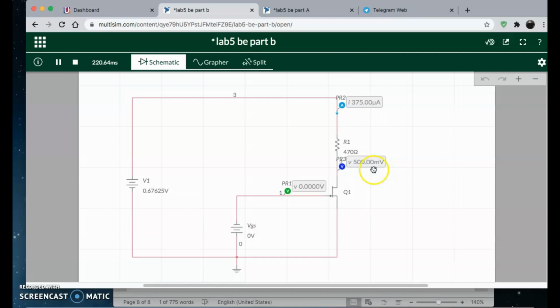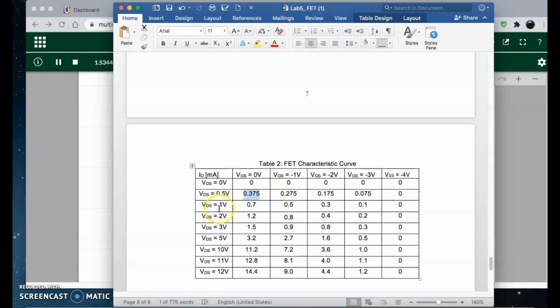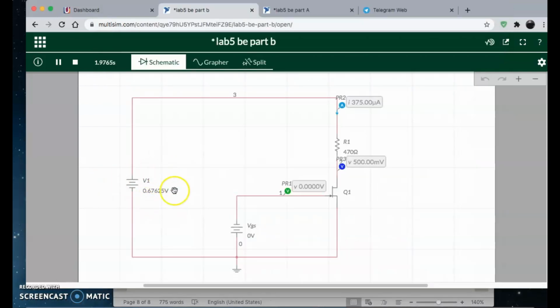It seems like 0.5 volt, and the current ID we got 375 microampere. So we change to milliampere, it is 0.375. So for the other VDS quantities, we must change this voltage and get the VDS.